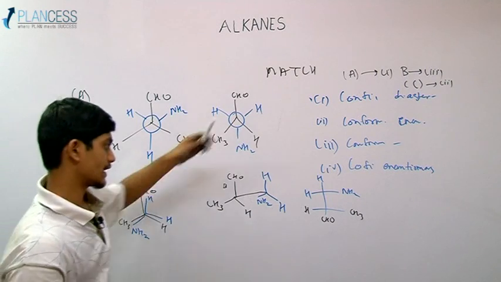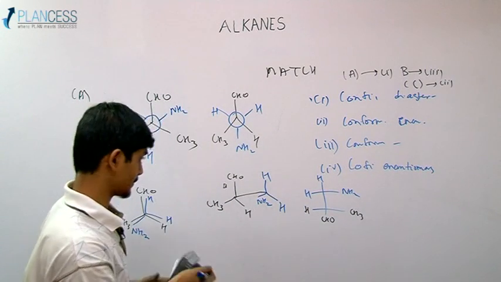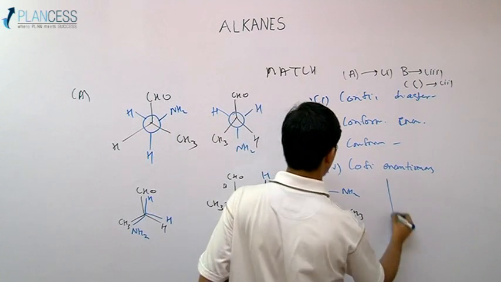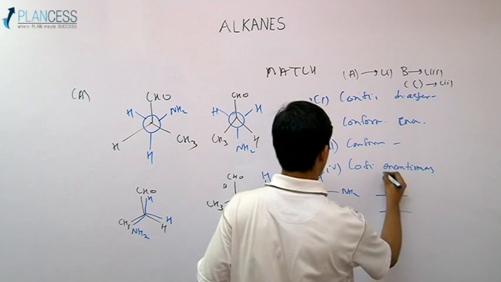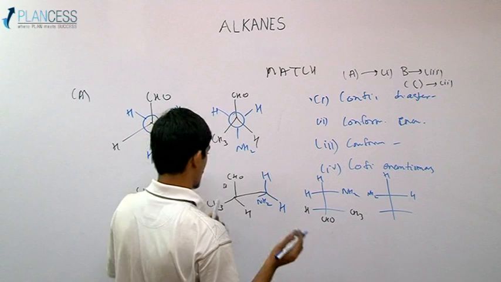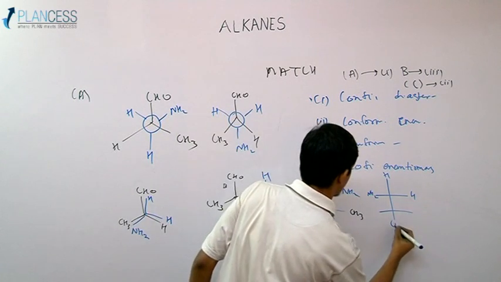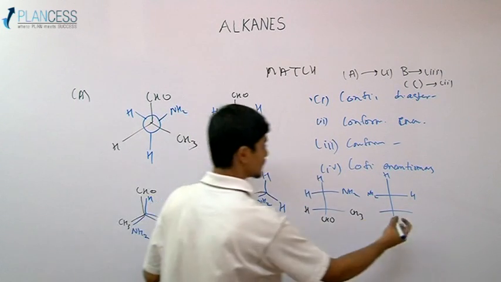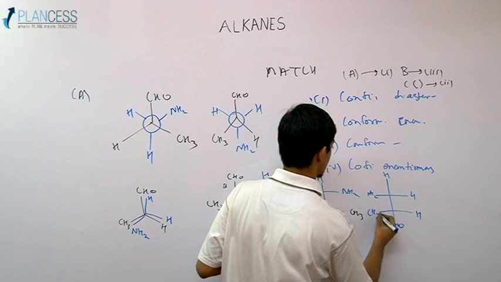Fine. We will make the same changes over there. So this blue H on top, H over here, NH2 over here. Then we have CHO, and H over this side, and CH3 over this side.